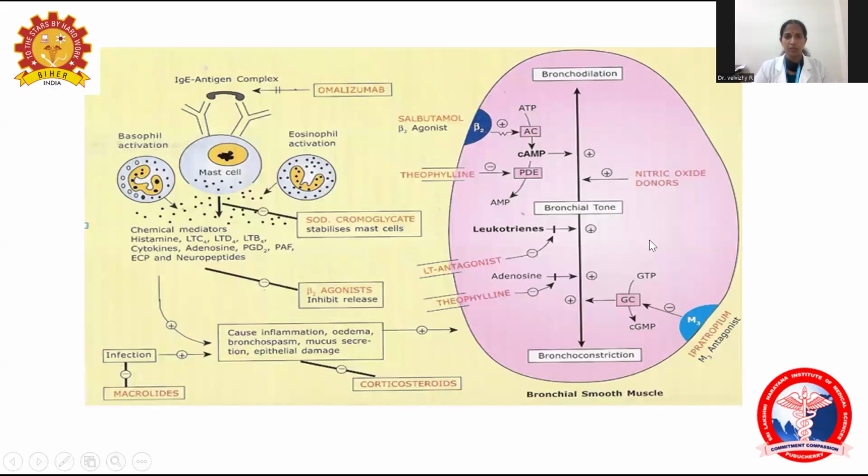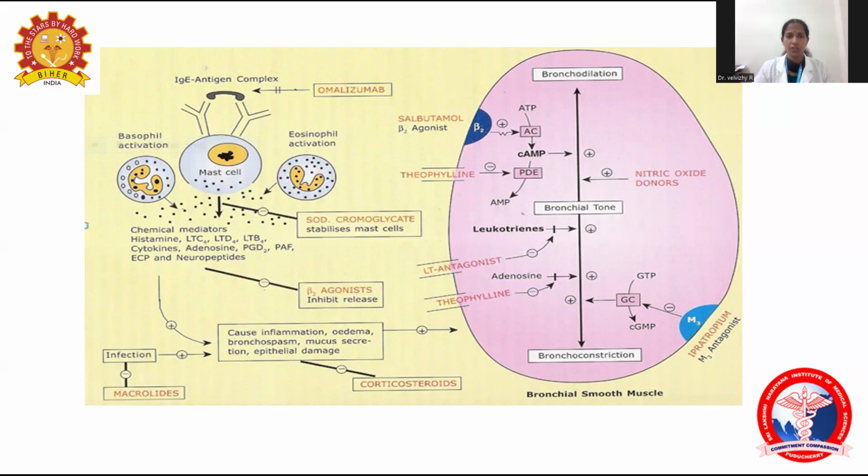So this is the pathogenesis in bronchial asthma. When we are exposed to some allergen, what will happen? There will be production of IgE antibodies, and this IgE antibody will attach to the mast cell. On subsequent re-exposure, this IgE antibody stimulates degranulation of the mast cell.